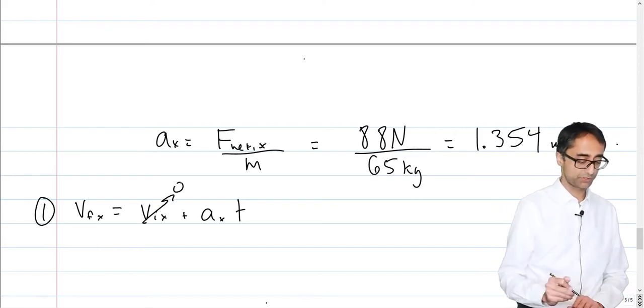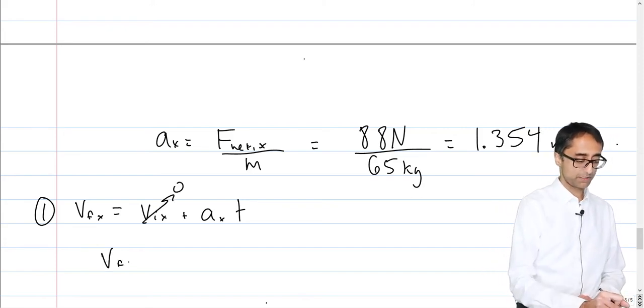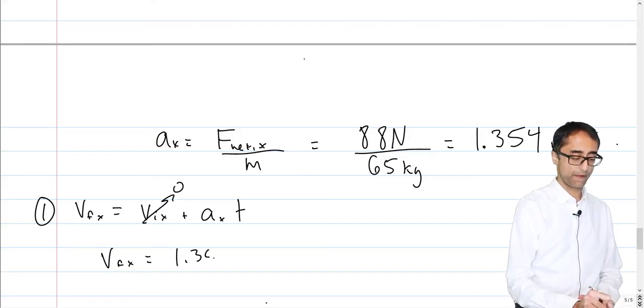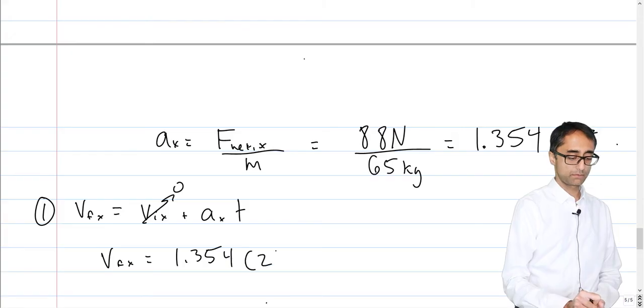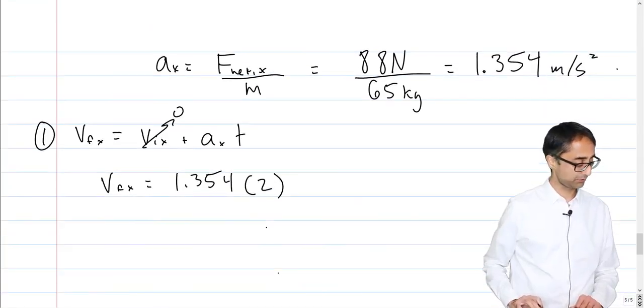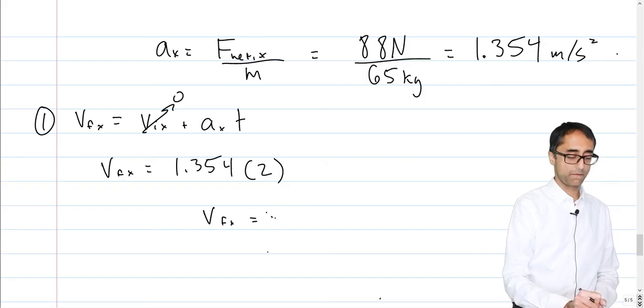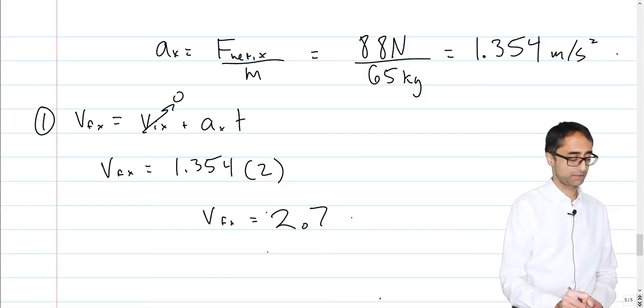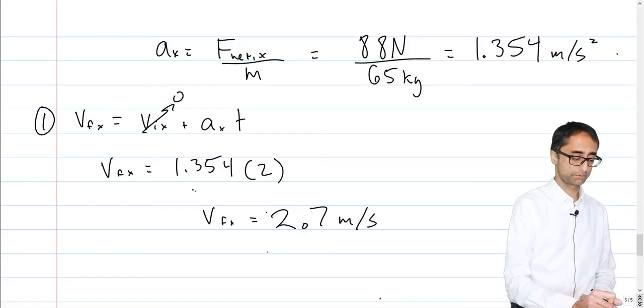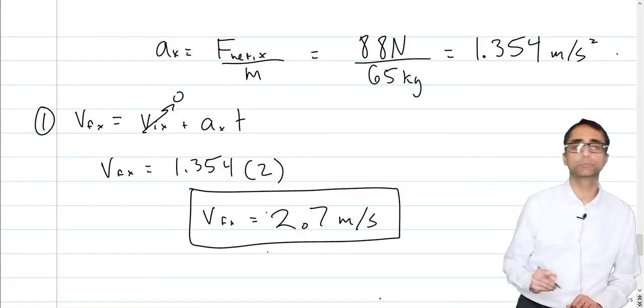We already know that this was 0, and the rest of the problem is already ready to go. a is 1.354. I applied that acceleration for 2 seconds, or you did, I should say, giving me a final v x of 2.7 meters per second.